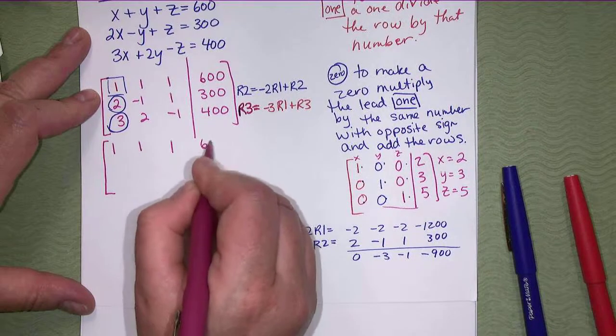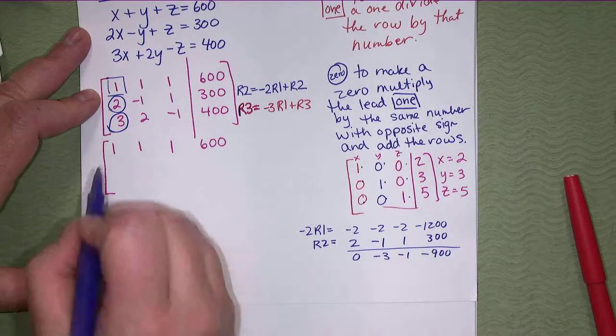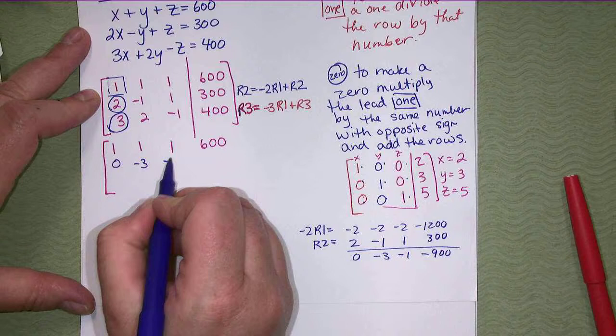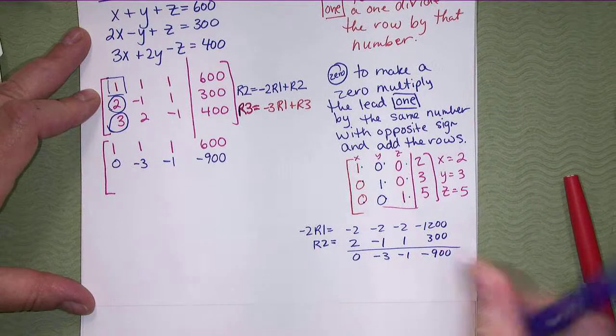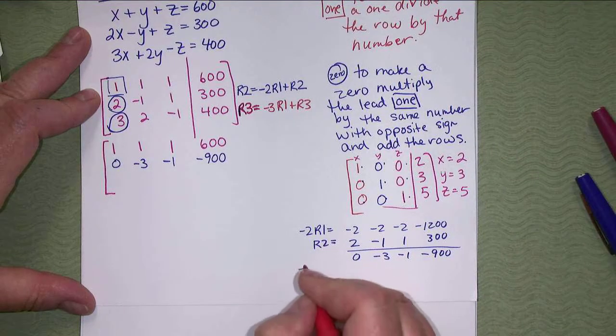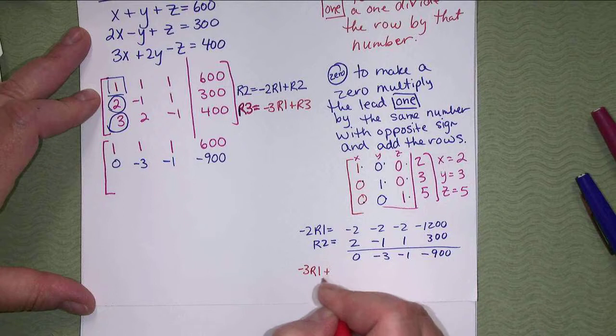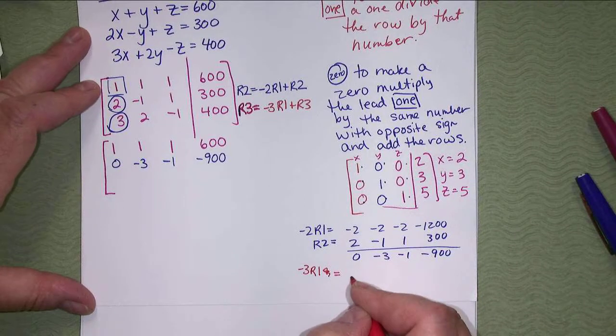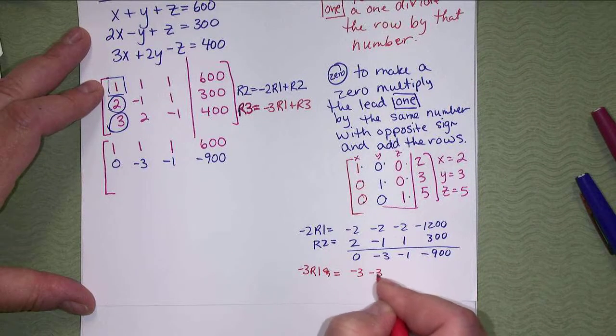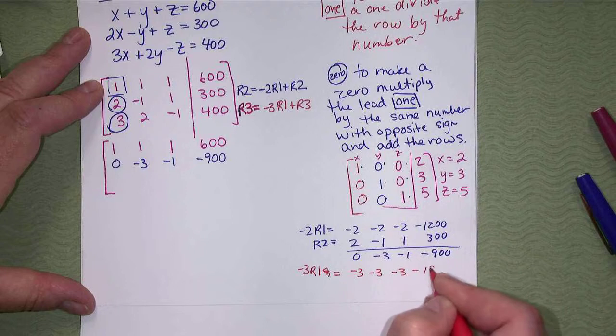Row 2, and then I'll do row 3. -3 row 1, plus row 3.